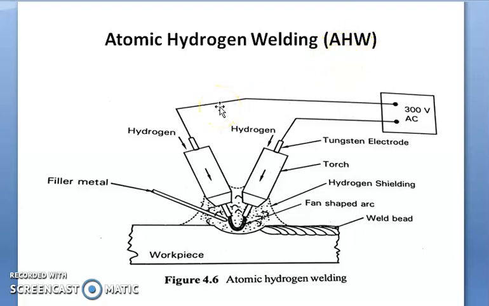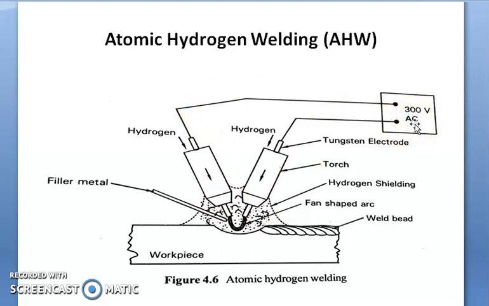If you see the construction of this welding process, here we use two welding torches. Inside them we use two tungsten electrodes, arranged in a V shape in an inclined manner, and both electrodes are connected to a 300 volt AC power source.